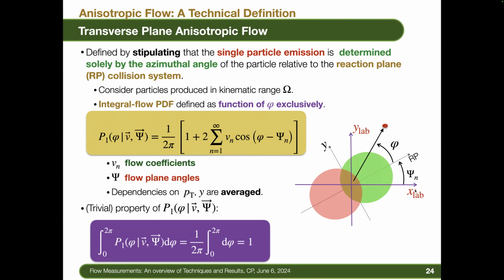And so we're measuring this in the lab, obviously. So X lab and Y lab, but the collisions are random, right? We cannot control at which angle the 2 nuclei that collide will be encountering one another. And so the orientation of the 2 nuclei as they collide in the lab will be stochastic, completely random. And so the orientation of the reaction plane, which is this line here, will be random in the lab frame.